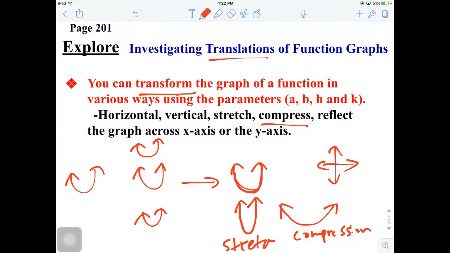And you can also reflect the graph across the x-axis. To reflect something across the x-axis basically is to say that it's opening down instead of up. Or to reflect across the y-axis, in this case, you may not see the difference. It still looks the same. So those are some of the transformations that we're going to be using throughout this module, and we're going to be exploring each one of them in detail.